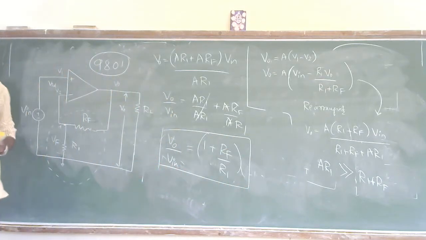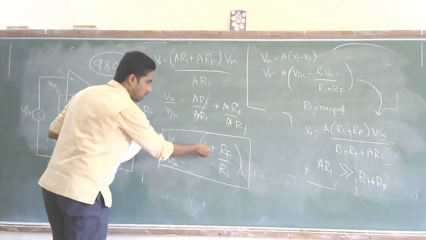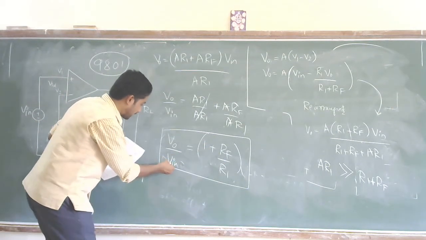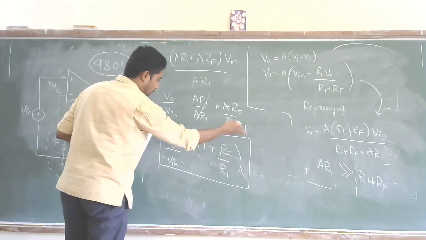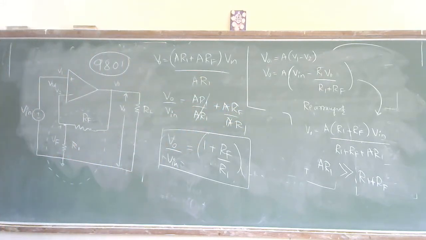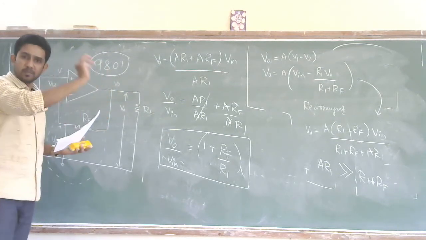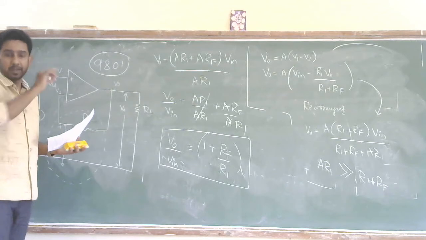Isn't it the same derivation that we obtained in our basic electronics course? That is, output voltage equation is 1 plus RF by R1, or if I bring this to the right hand side, that becomes V0 is equal to V times R1 plus RF by R1. So that's what I was telling. This entire op-amp is the same op-amp that we have learned in the basic electronics course.